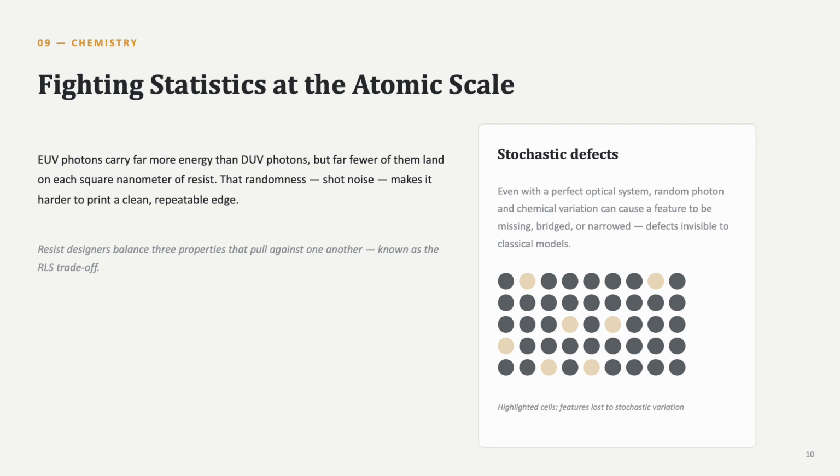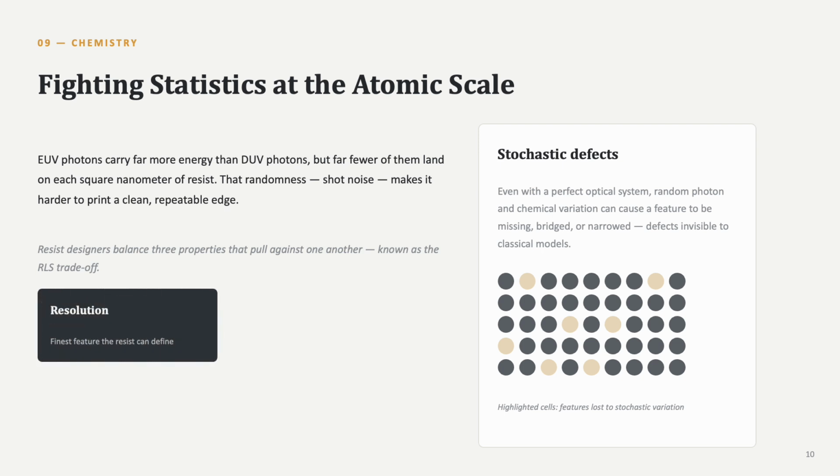EUV photons, though, carry far more energy than DUV, but far fewer of them land on each square nanometer. That randomness, or shot noise, makes it harder to print a clean and repeatable edge. Thus, resist designers have to balance three properties that pull against one another, and it is called the RLS trade-off.